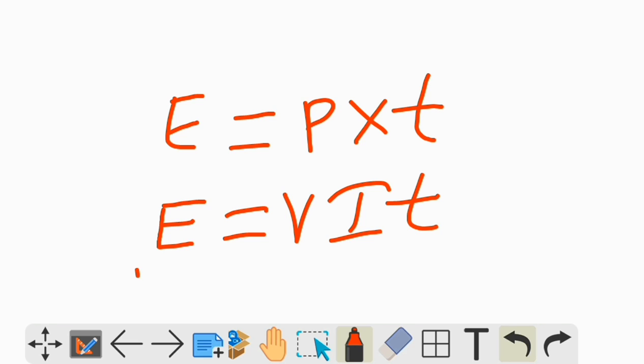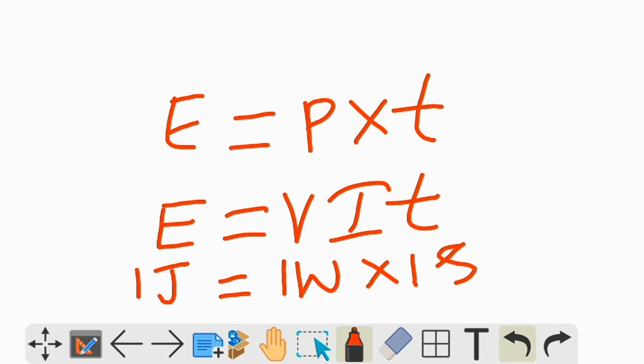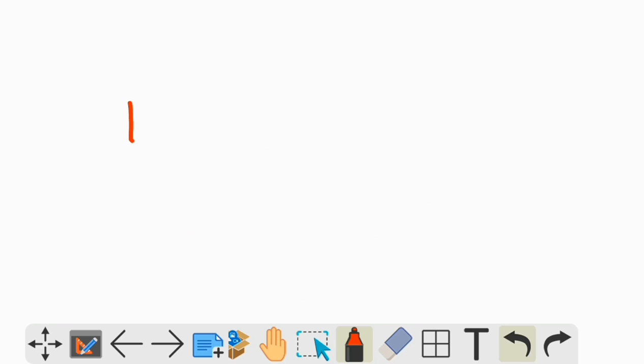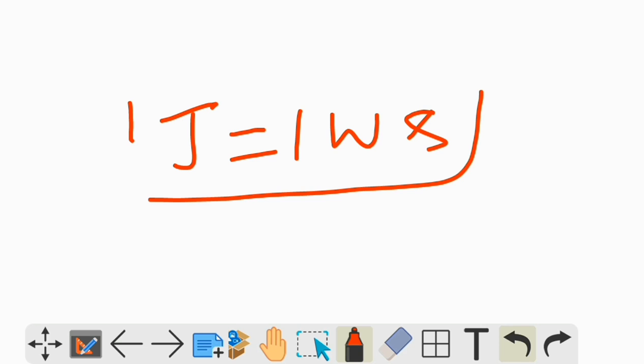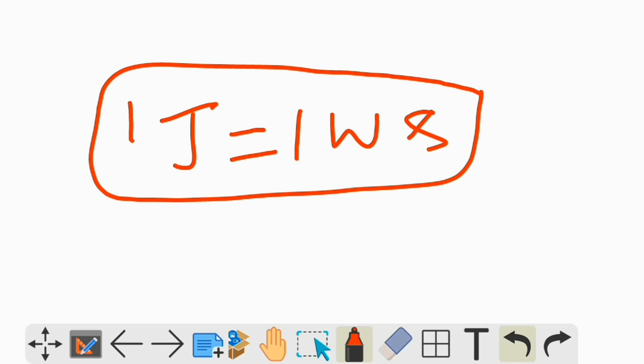For energy it is 1 joule. Then for power you can take 1 watt, into time it is 1 second. Okay. Watt second you got. So you can simply say 1 joule is equal to 1 watt second. But watt second is not the commercial unit of energy.